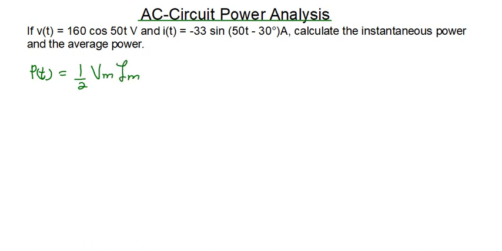It doesn't really matter whether I say Im or Vm, it is still okay. Then we open bracket, and we are going to have cosine of the phase angle of voltage minus the phase angle of current here. Even at this point, it doesn't really matter whether you say the phase angle of current minus the phase angle of voltage.